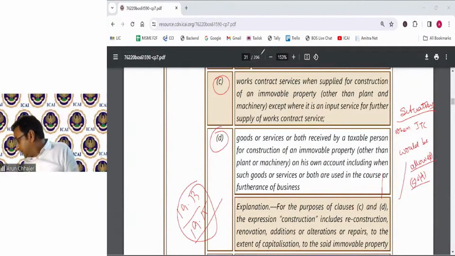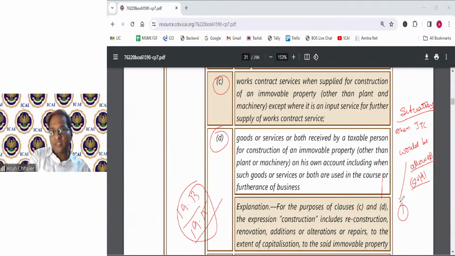The question is that in clause C and clause D, when would the ITC be allowed? That is the simple question. You have clause C and clause D and the explanation in front of you. You have to tell me 4 situations, 3 situations.